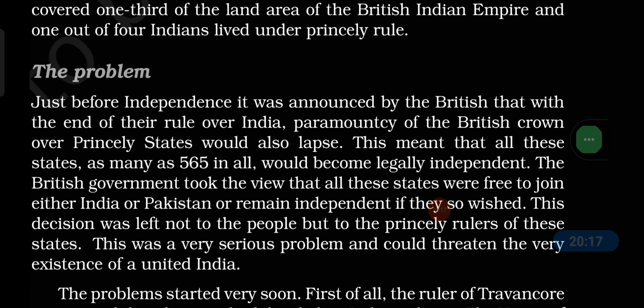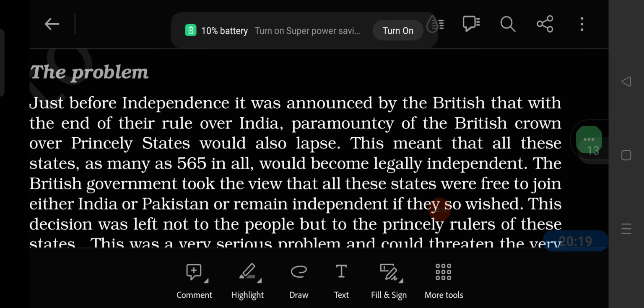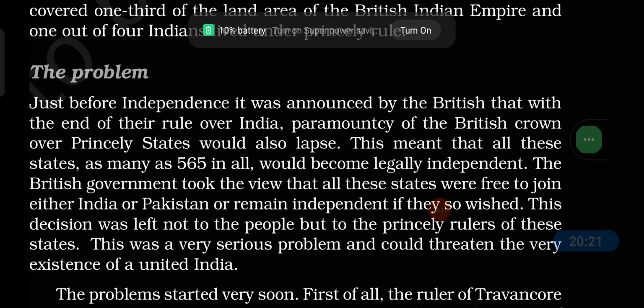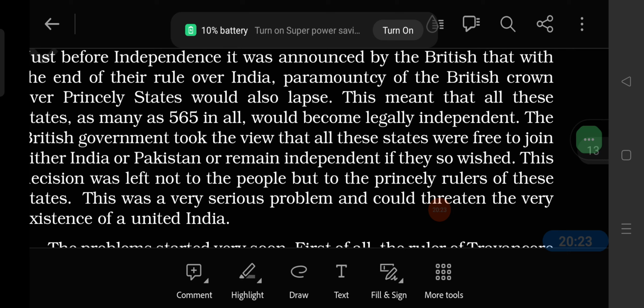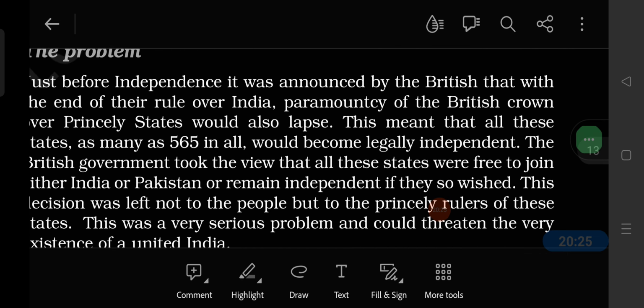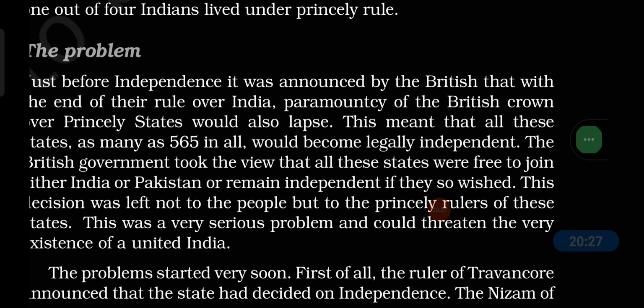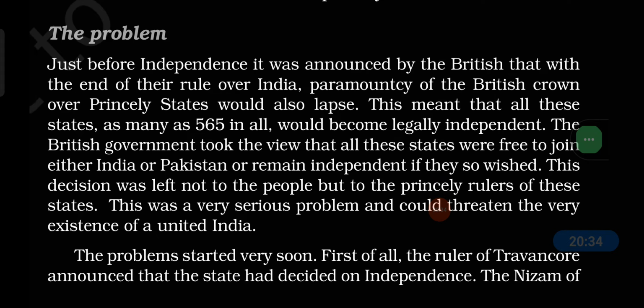What was the problem after the division of India and Pakistan and the British leaving? After that, the main problem was faced by the princely states. With which country would the princely states merge? The major challenge was where they would be merged.